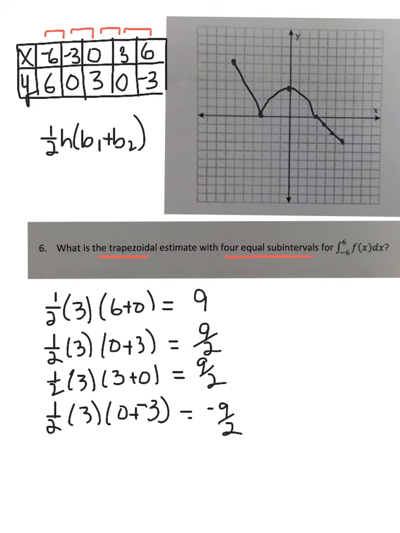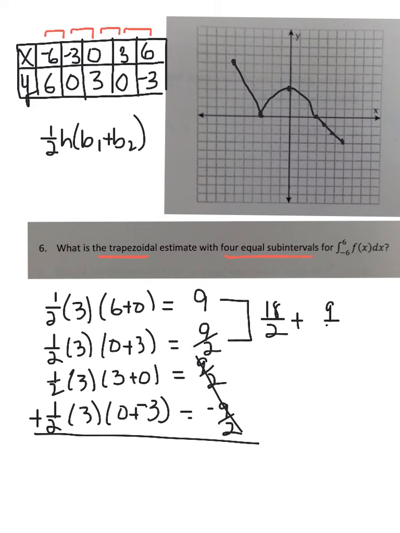All right, well, if I am going to add all these up, because that's what a trapezoidal estimate would be, these two will cancel out. So really what I'm doing then is I'm going to turn that 9 into 18/2 plus the 9/2, the second one down there, and when I add that, I get 27 over 2.